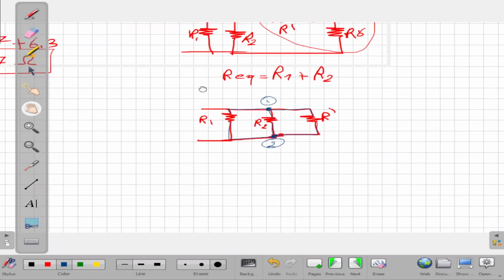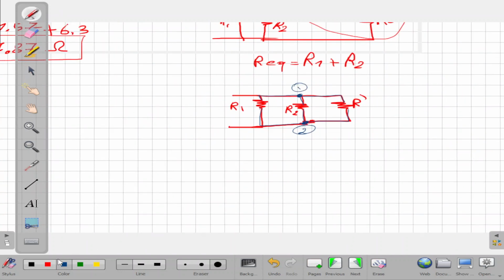Whenever we have more than 2 resistors in parallel, in order to find their equivalent resistance, we need to apply this formula. R equivalent is equal to 1 over R1 plus 1 over R2 plus 1 over R3, and don't forget to raise it to the power minus 1.